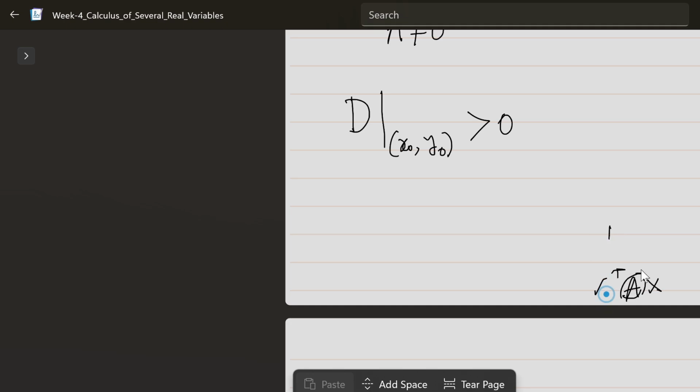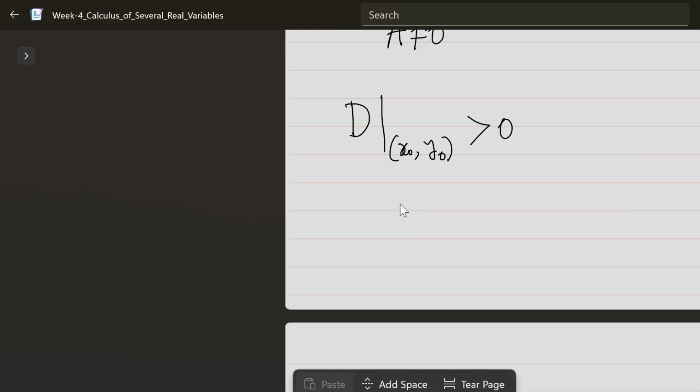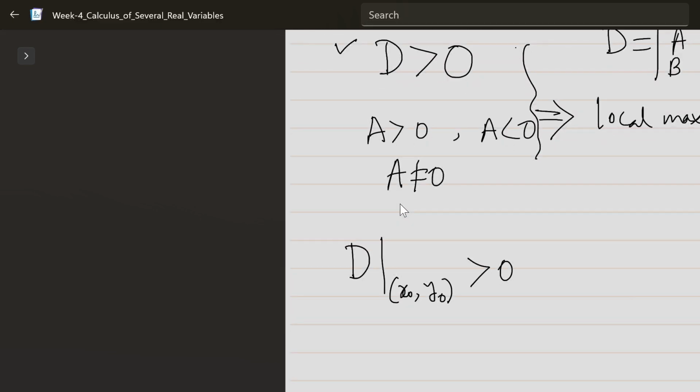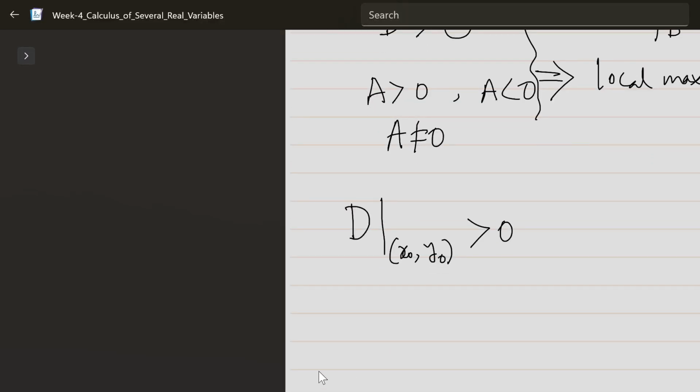Okay. Most of your questions will have local maximum, not global. The global thing actually does not come in your questions, because your D always depends as a function of x and y. So D is called the Jacobian or a determinant, whatever name you give.